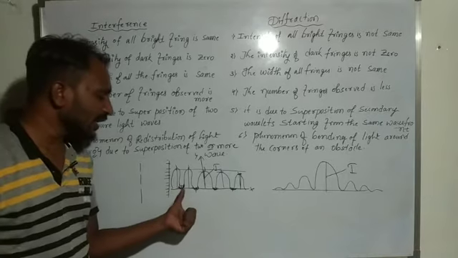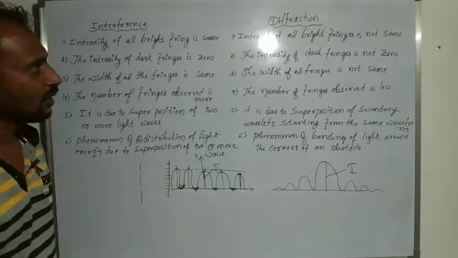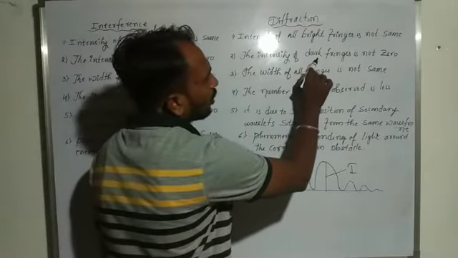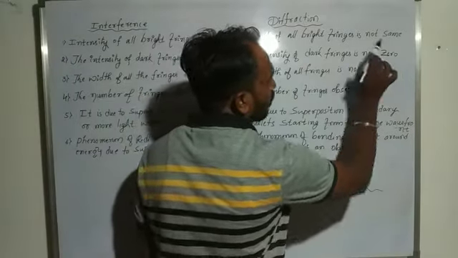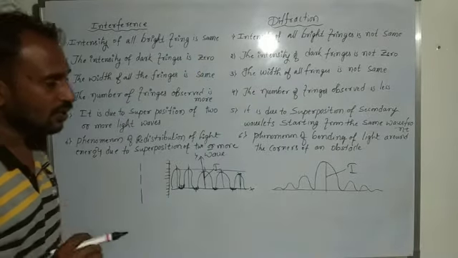So the intensity of a dark band is completely 0, but in diffraction the intensity of dark fringes is not 0. Why?